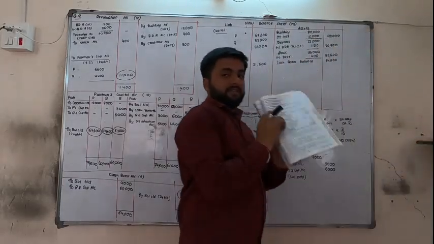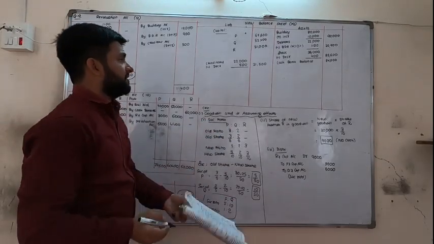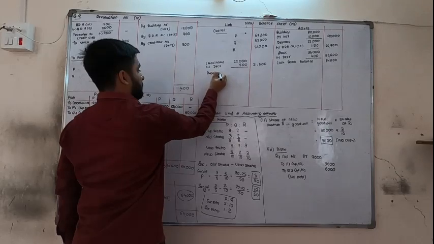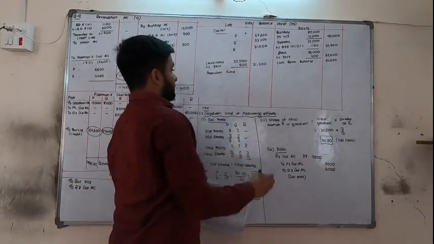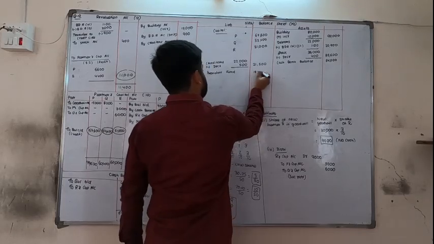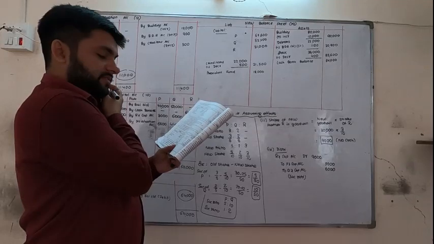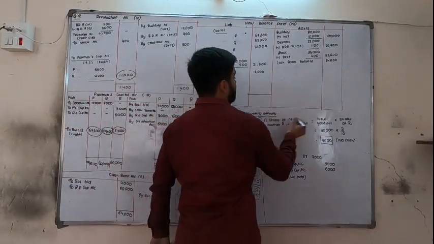Now the remaining things. Capital has come, now provident fund is remaining. So provident fund in the outer column 18,000. Then land and building we have recorded, debtors we have recorded, stock we have recorded, cash we have recorded, goodwill also we have distributed.